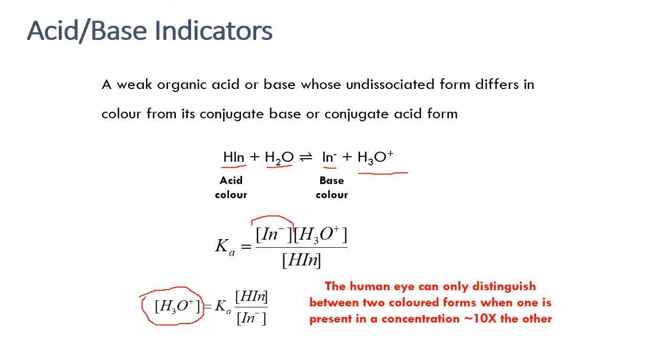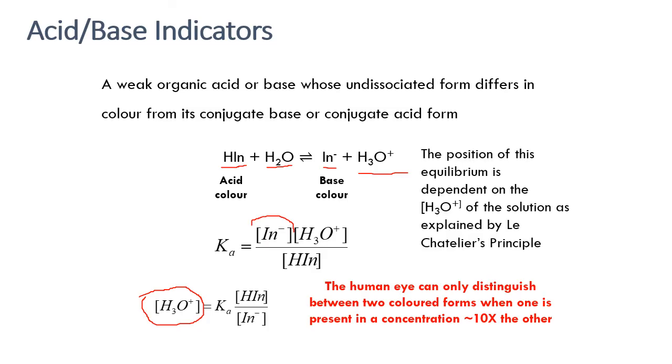Now, remember these are indicators, so they typically show us a color change. The human eye can distinguish between these two colored forms when one is present in a concentration about 10 times the other. Keep in mind that the position of this equilibrium is going to be dependent on the hydronium ion concentration of the solution.